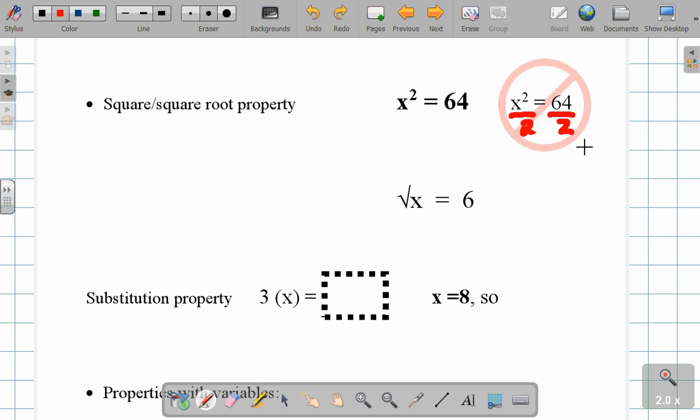Opposite of squaring. Again, opposite of squaring is square rooting. x squared equals 64. We do one of these numbers, and we end up with x. The square root of 64 is a big fat 8. I'm going to write that down, folks.